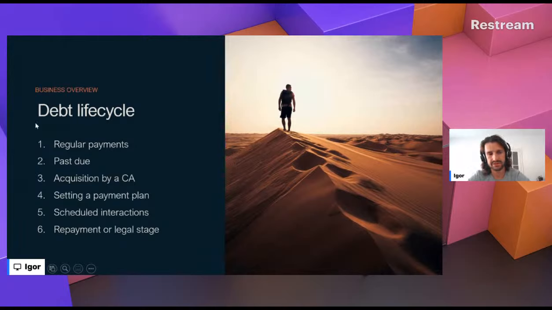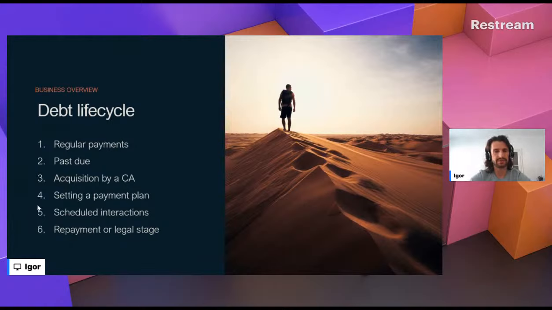The collection agency also works in a similar way as a bank. We also settle a payment plan together with the customer, or maybe sometimes without the customer. And there are also some scheduled interactions. The collection agency is poking the customer from time to time, asking how it's going. Are you going to pay this month, or is everything good? Do you think you're going to pay? And so on.